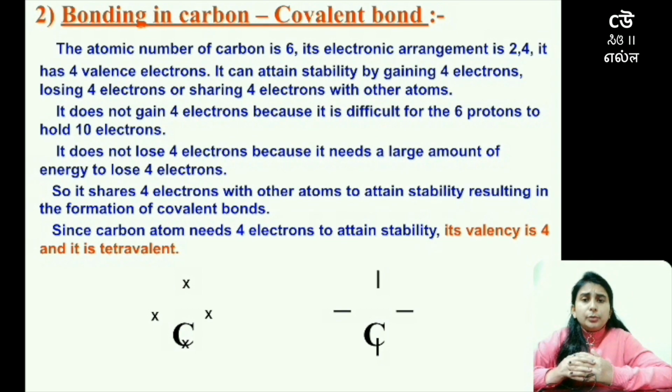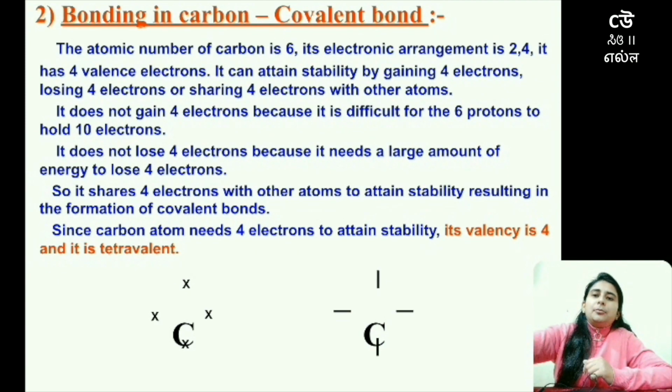So it's up to you which symbol you want to use to represent electrons in the shells of any element. Here it's about carbon. So since its valency is 4, it will have 4 electrons in its outermost shell. Moving on.